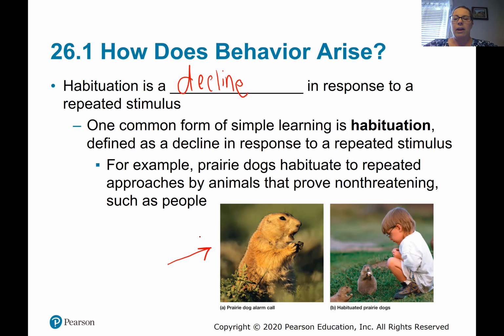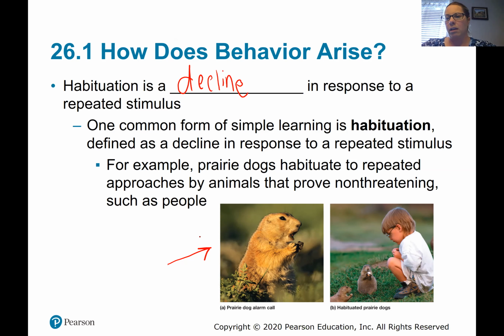Okay, now that costs a lot of energy. All of his little friends that are out wandering around eating are trained, when they hear the sound, to run and hide. That takes a lot of time and energy for them. So the more a prairie dog is around a person, it's kind of like taming an animal.